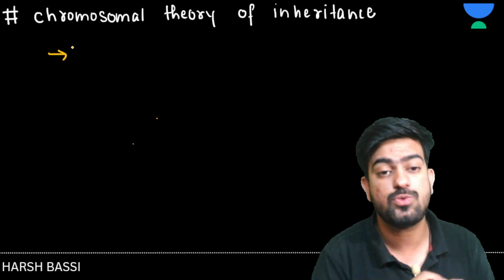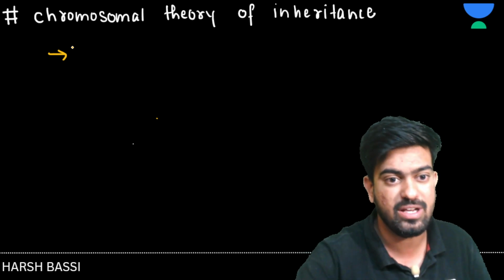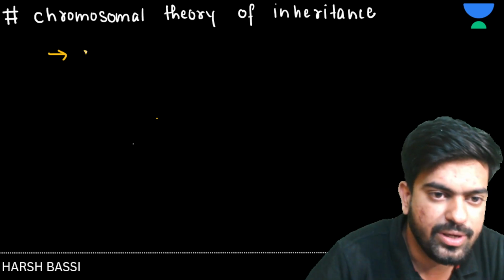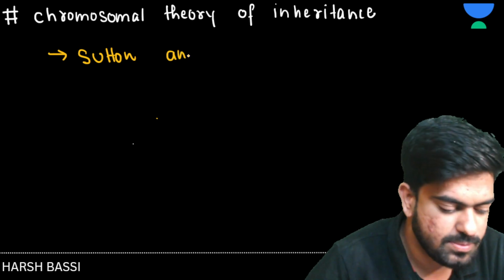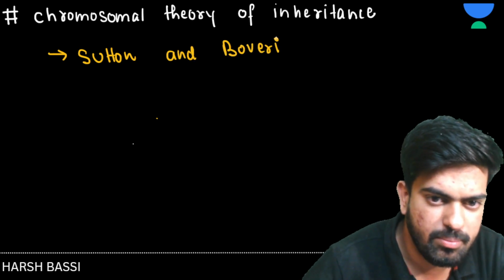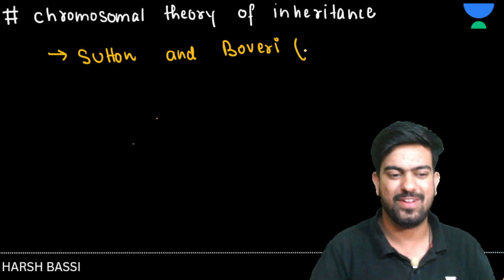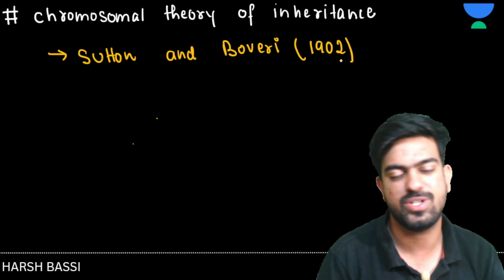The scientists who gave this theory were Sutton and Boveri. You don't have to remember dates, but I know the date, so I'm going to write it: 1902, which is the year.